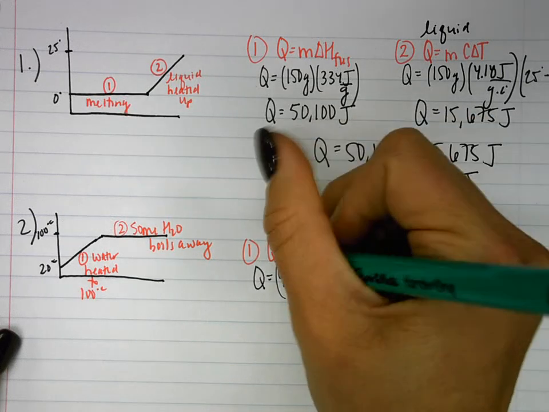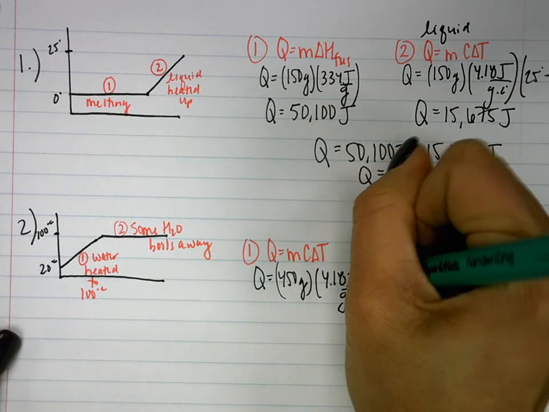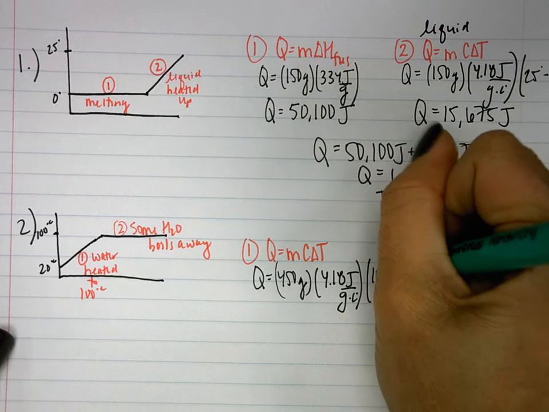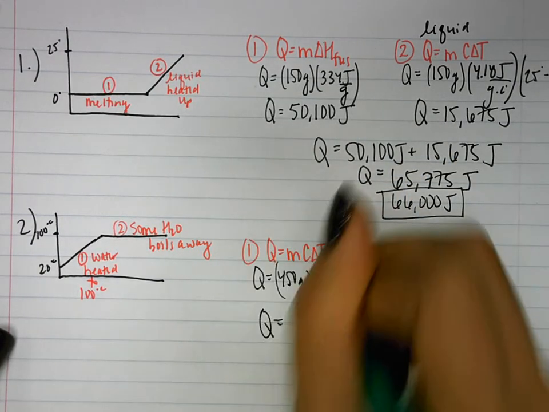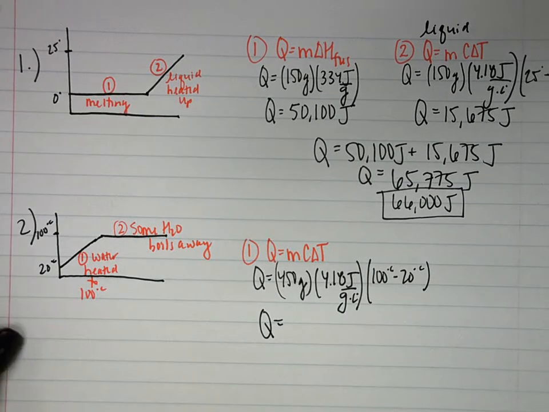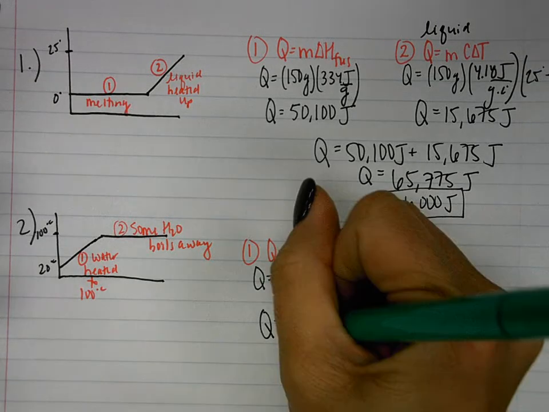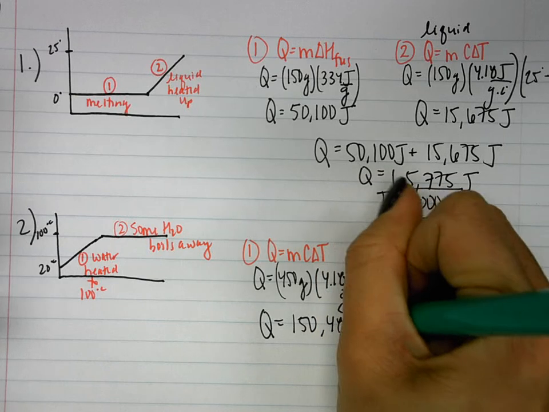We have liquid water, so our specific heat is 4.18 joules per gram per degree Celsius. Our change in temp is from 20 to 100, so 100 degrees Celsius final minus 20. We do that and end up with 150,480 joules.